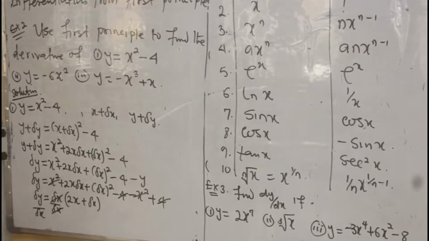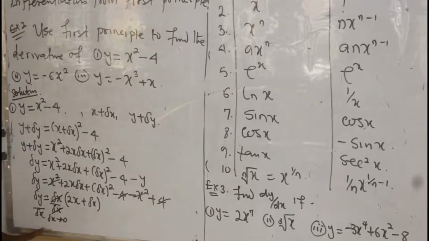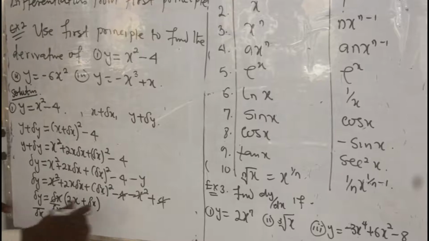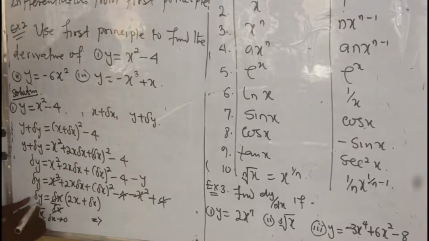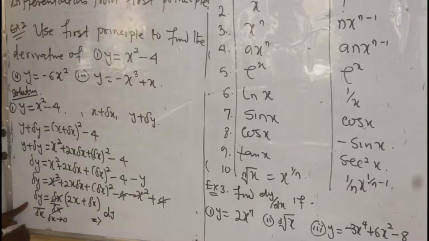So from this stage, you take the limit. Thank God we just finished explaining the limits now, right? You now take the limit of delta x tends to 0. And as you take the limit of delta x tends to 0, this delta y over delta x will now turn to dy dx. This one was written in delta y and delta x, right? So from this stage, instead of delta y over delta x, it will now be, do you see the way I write my d now?